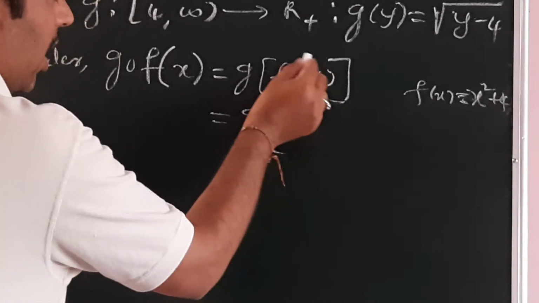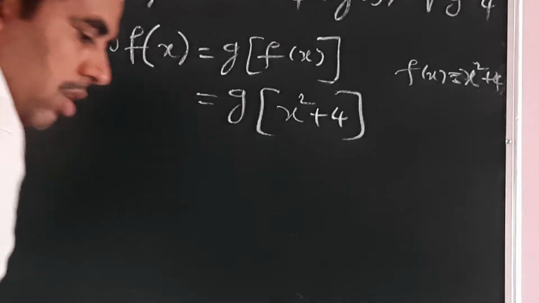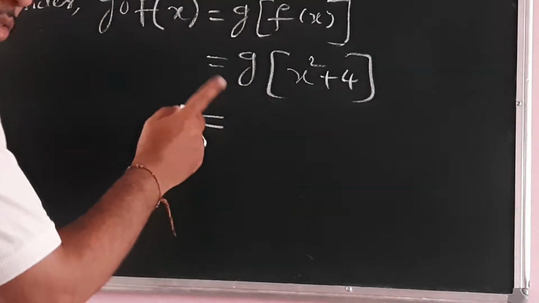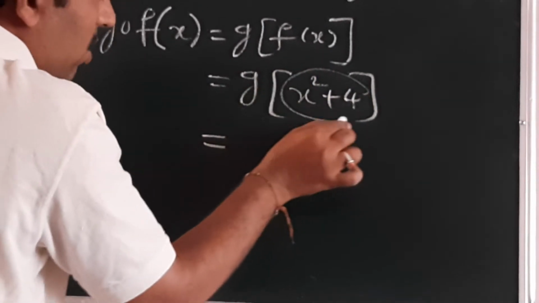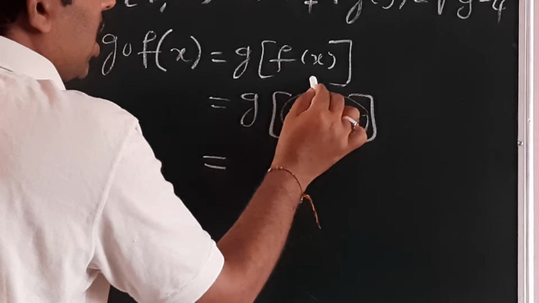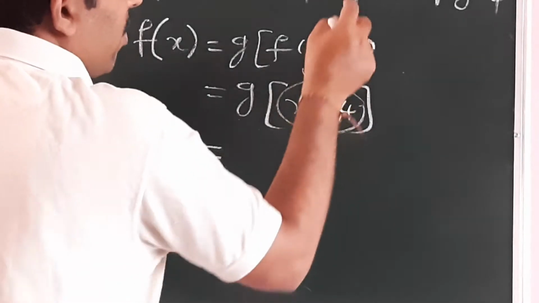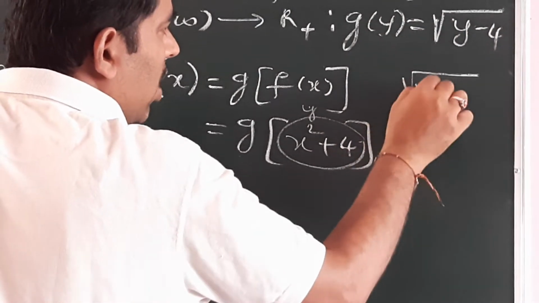This was the given function. So replace f of x by this, x square plus 4. Then observe carefully, g of y: you treat this whole thing as y. What is g of y? g of y is the square root of y minus 4. So I have the square root of y minus 4.